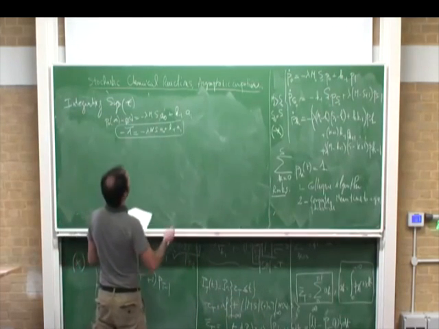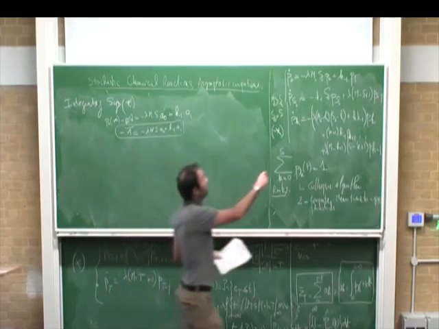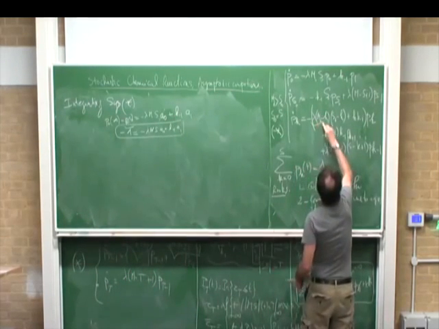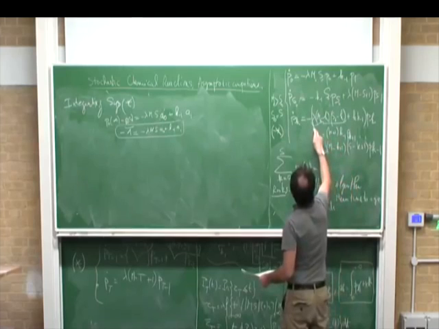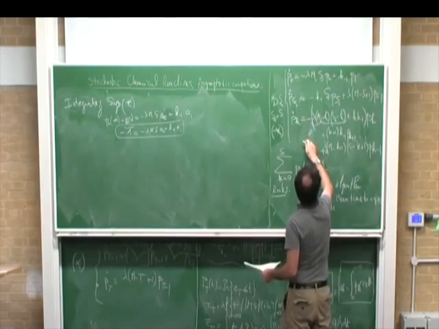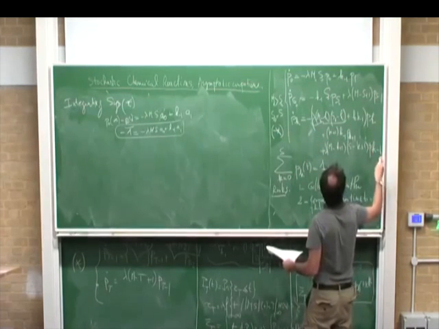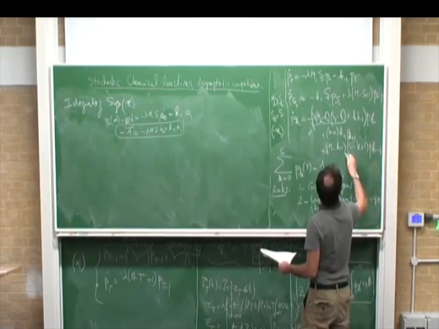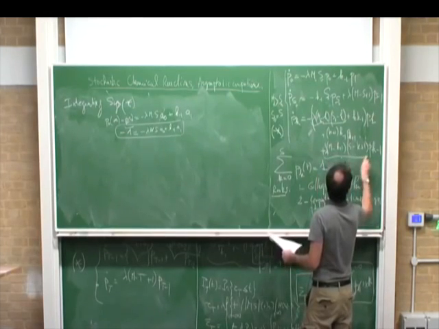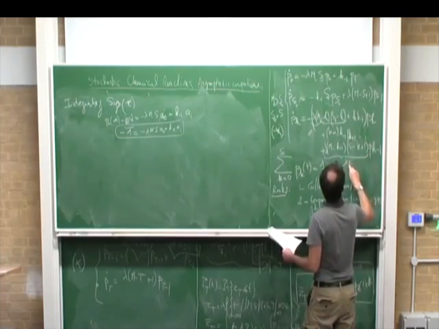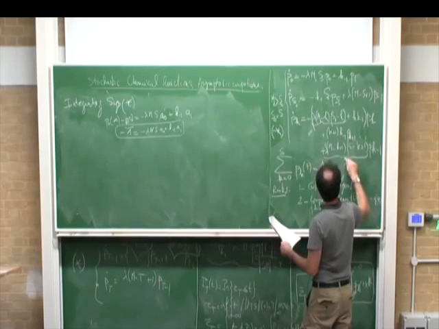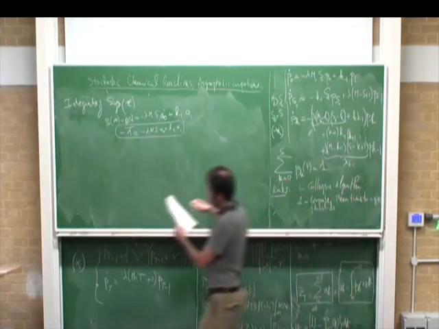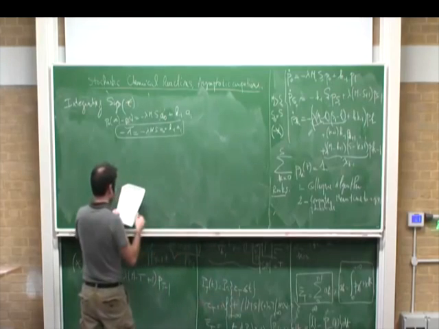So let's write, I'm going to write the rate instead of writing all the time this guy. I will call this rate here lambda k minus 1. This is how I will call the rate, and then we will come back to the explicit expressions.